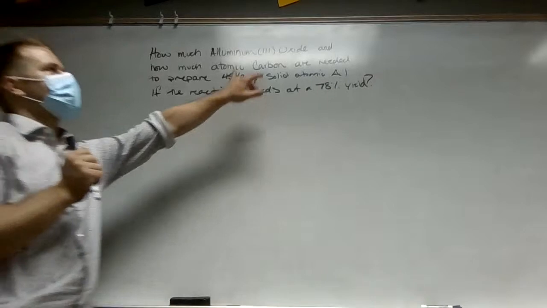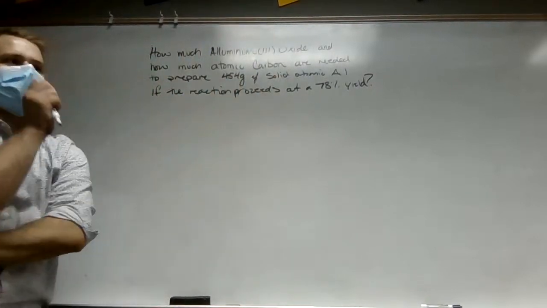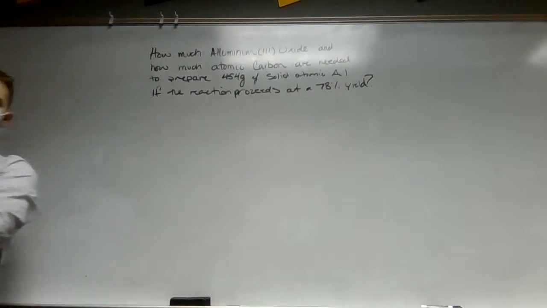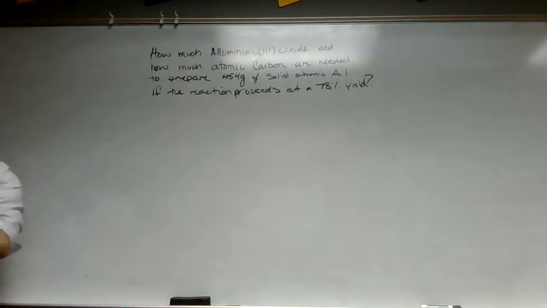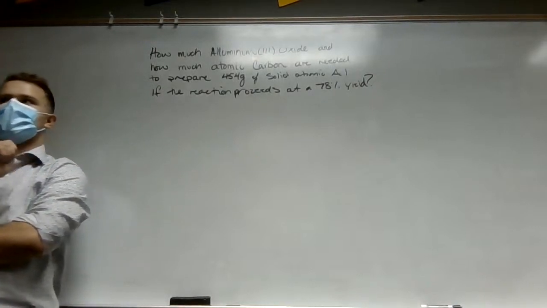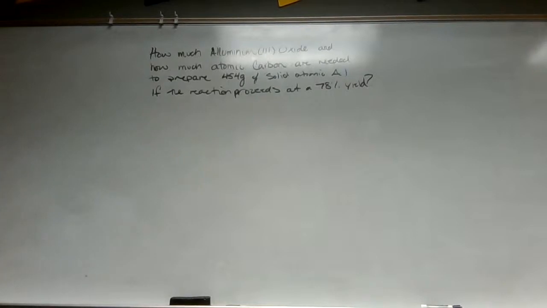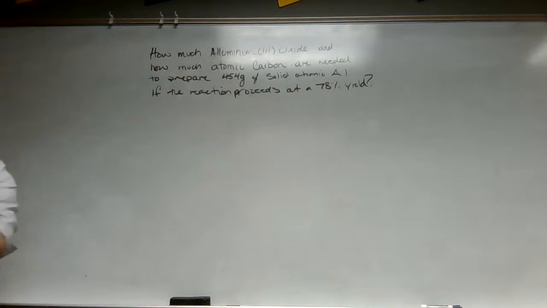So the ionic formula for aluminum oxide, how are we going to come up with that if you're not given it? It would be fair game on the test to say, produce the ionic formula for aluminum oxide. Any idea how we would go about it?